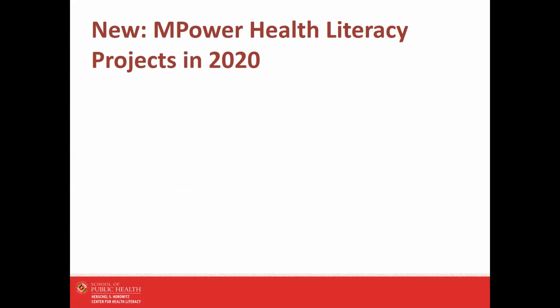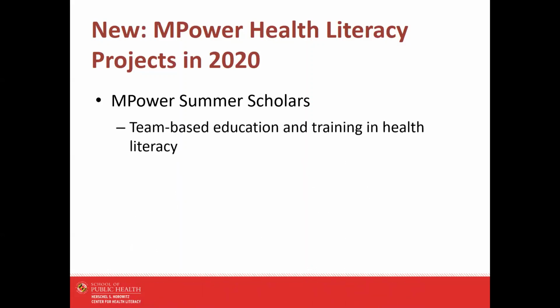I'm just going to put a little plug in for something that my center is going to be doing here with Baltimore this summer and the year beyond. We're going to be working with a group of students from the Baltimore campus on an Empower project and looking at health literacy as part of professional education here on the campus. So we're going to have a team of Empower Summer Scholars.